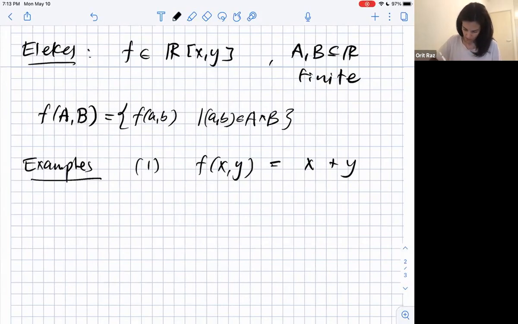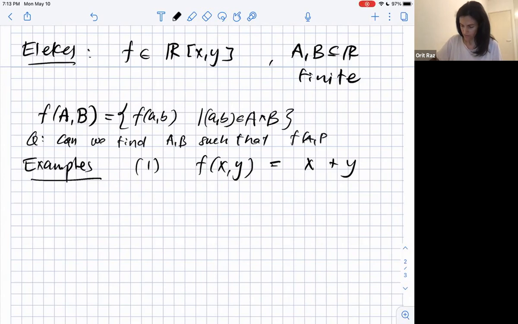So I didn't write the question, but the question is, can we find a and b such that f of a Cartesian product b is small?